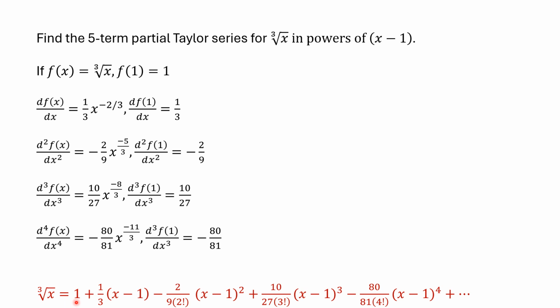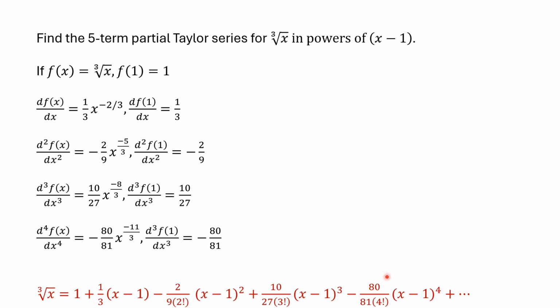We have f of c plus 1/3 times x minus 1, this is the first power. The second, x minus 1 squared, remember we're going about x minus 1, negative 2/9 over 2 factorial. Then the third power, we got 10/27 over 3 factorial.